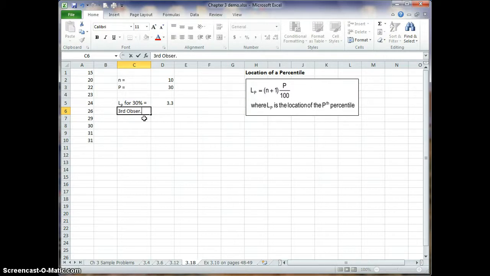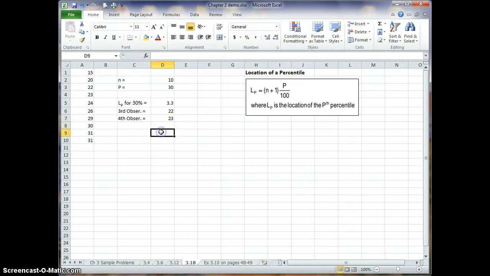So the third observation is equal to, in this case we just look over here, 22. And then the fourth observation is equal to 23.